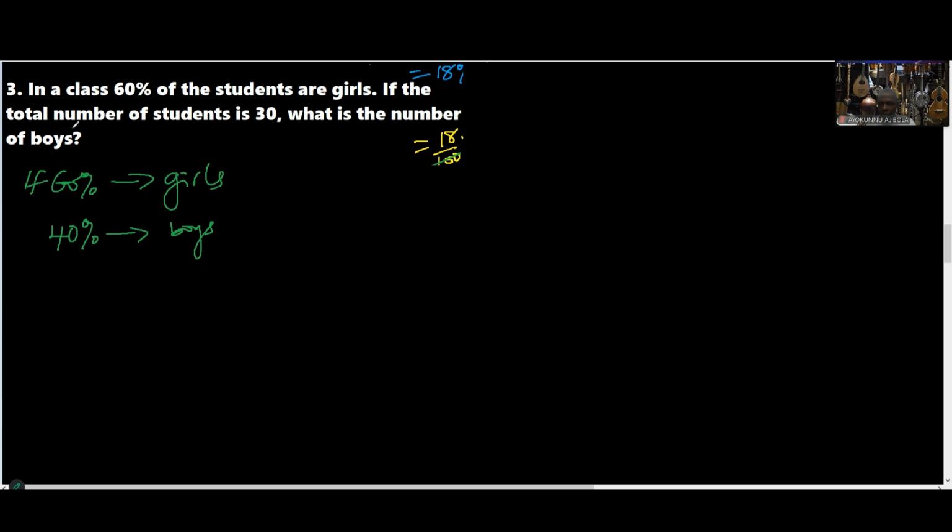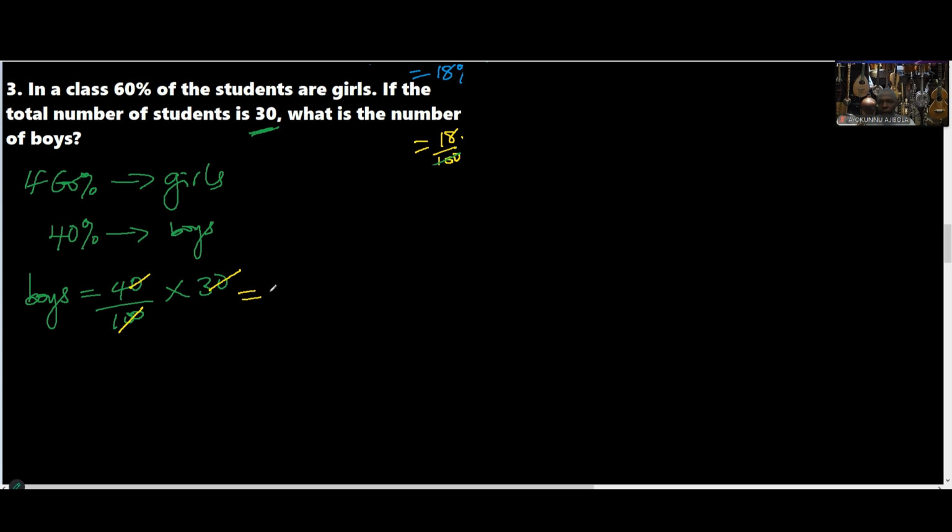So if the total number of students is 30, what is the number of boys? That means we're finding 40% of 30. Boys are 40% of the total, which is 40 over 100 times 30. There are two zeros at the top and two zeros at the bottom.